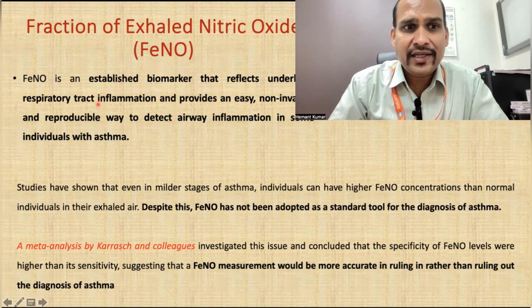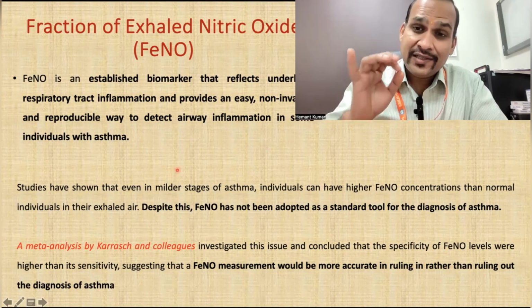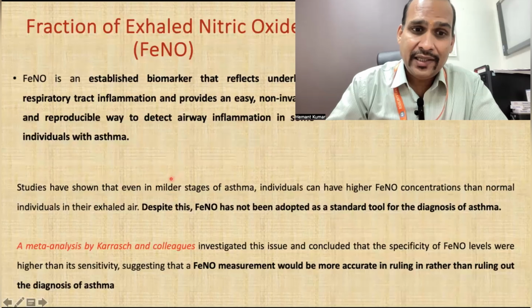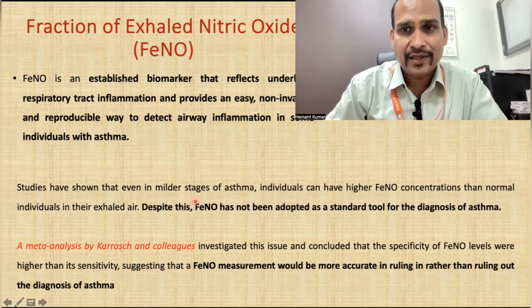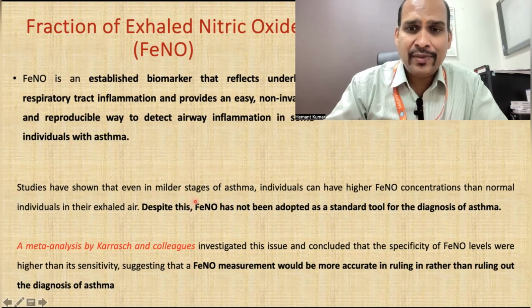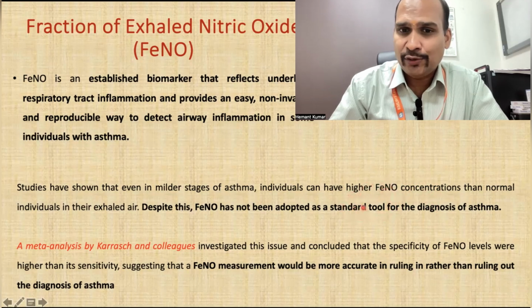It reflects airway inflammation, and this is an easy, non-invasive test. It is a very easy test, and it is very specific. Even in milder stages of asthma, it can pick up asthma. So in milder asthma there is a higher FeNO concentration than normal, so it can diagnose milder patients also.